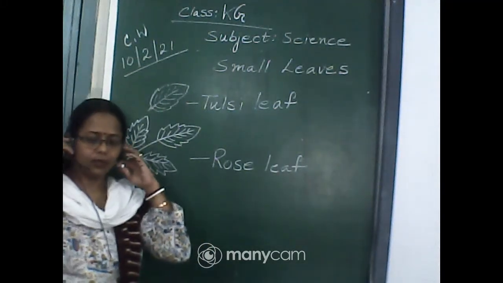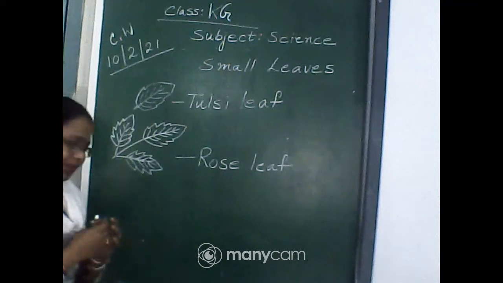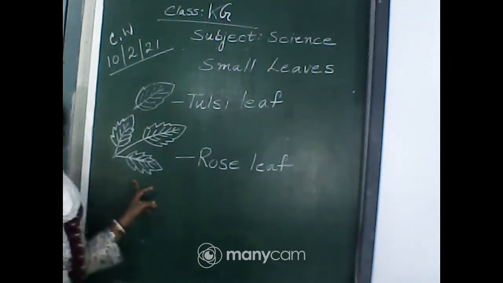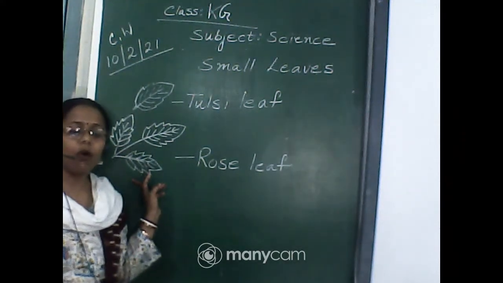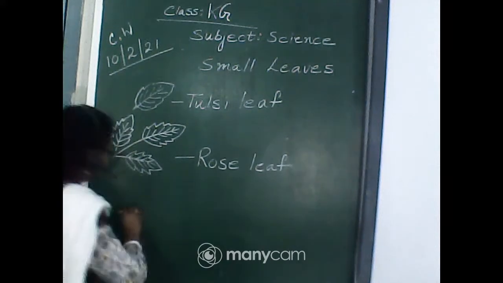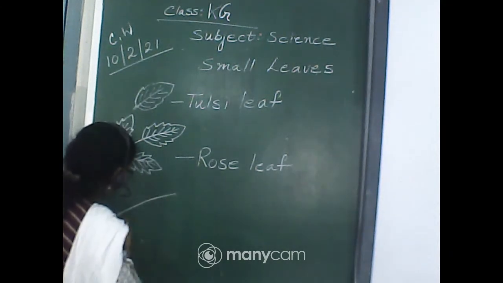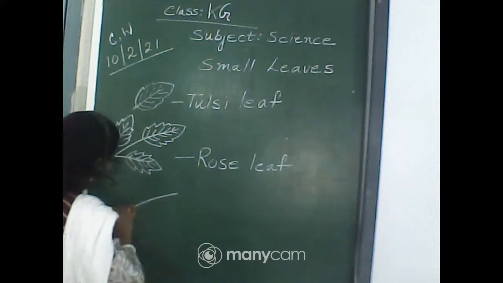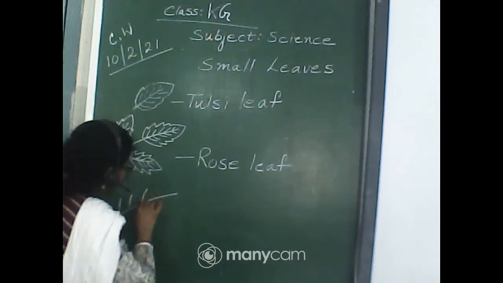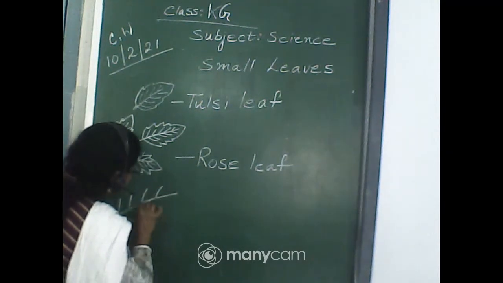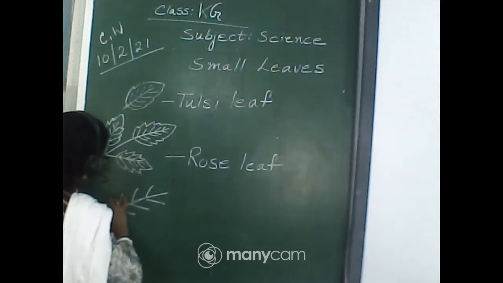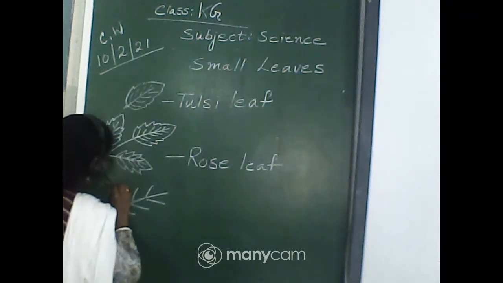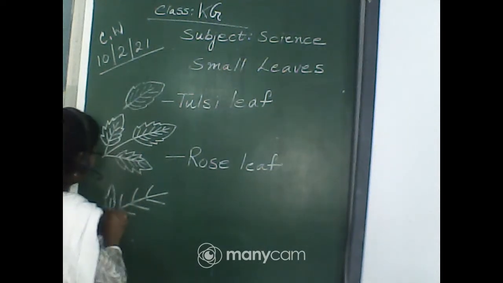Okay, so here comes your rose leaf. Now let us draw the neem leaf. Here again, as I told you, small leaves are usually on one branch, they are lots in number. Like this we can see the neem leaf, which also has lots of curve.